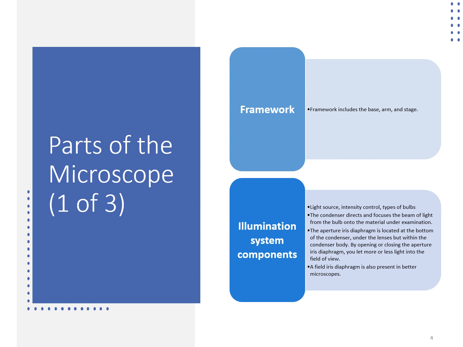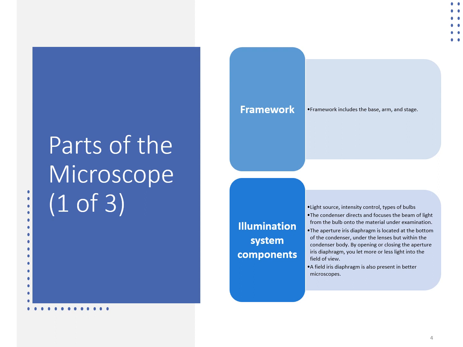Then you have the illumination system, which is your light source and the things that control your light source, like the condenser and the iris diaphragm. These control how much light goes through and hits the slide itself and the cellular elements that you're going to see on the slide.